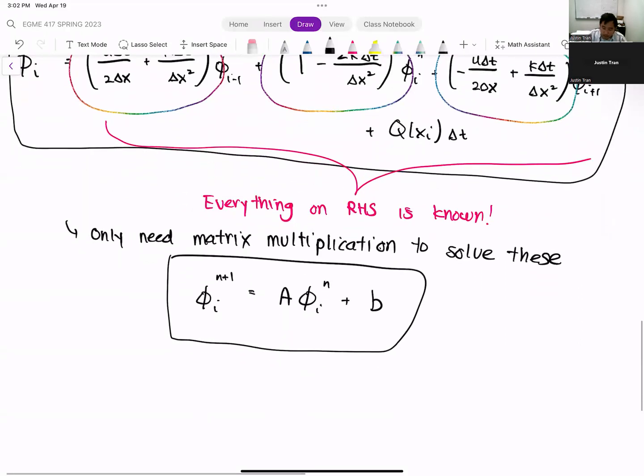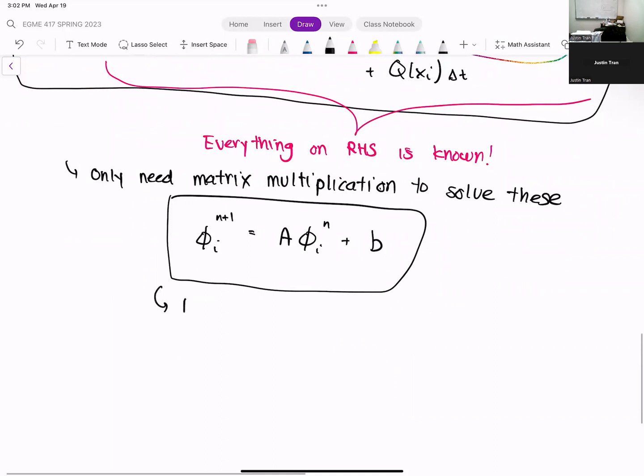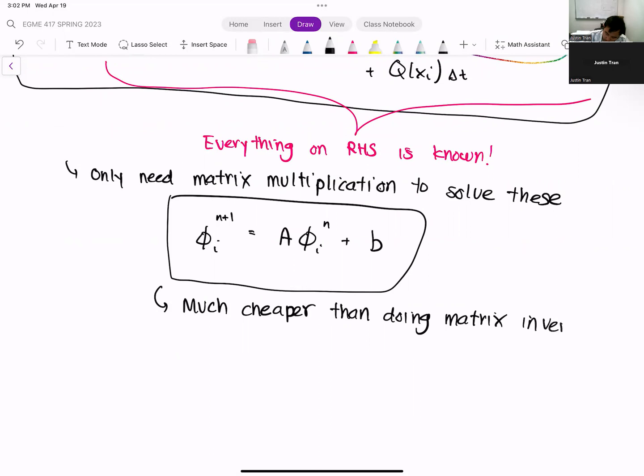And this ends up being a lot cheaper. If our coefficient matrix was on the left-hand side, like it usually is, you would have to either invert that matrix or solve the corresponding system of equations in order to solve for its value.